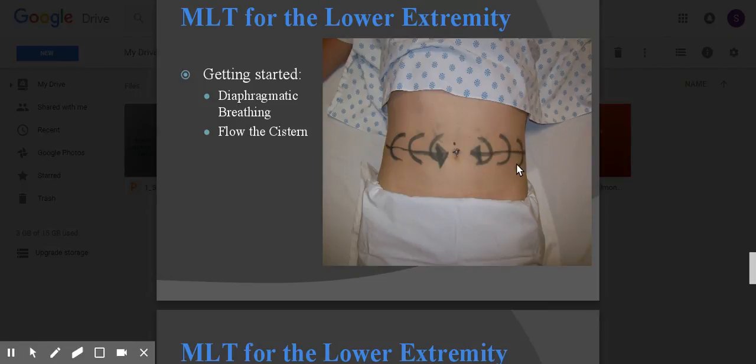And then we slide out again to the side and 5 more repetitions. We then proceed to flow. 1 repetition, 2 repetitions, 3 repetitions, 4 repetitions, and 5 repetitions.